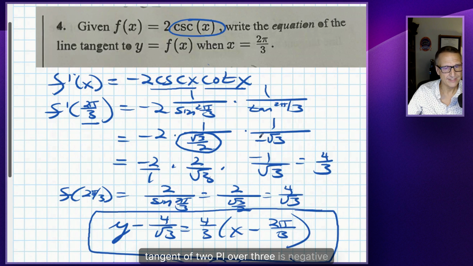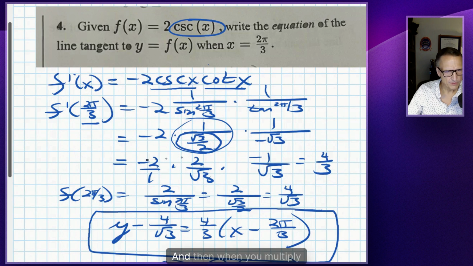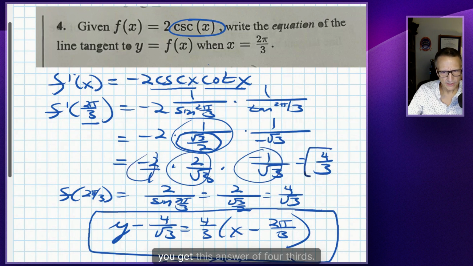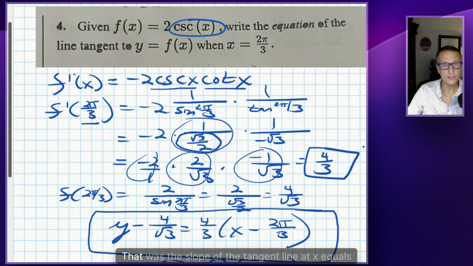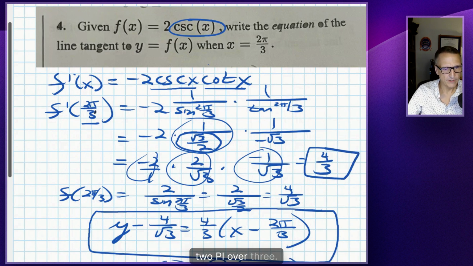Tangent of 2 pi over 3 is negative square root of 3. Then flipping that gives us 2 over root 3. So it's negative 2 times 2 over root 3. And then when you multiply all three of those together, you get this answer of 4/3. That was the slope of the tangent line at x equals 2 pi over 3.